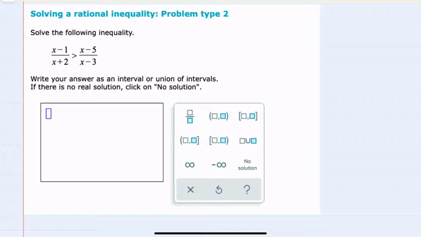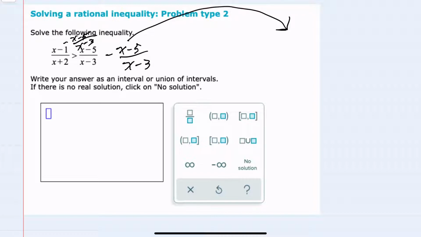So in my first step, I'm going to move one of these quotients over to the other side. And while it doesn't matter which I move, I like having the 0 on the right-hand side. So here I will subtract (x minus 5) over (x minus 3) from the right-hand side, meaning that I would also have to subtract (x minus 5) over (x minus 3) from the left-hand side.